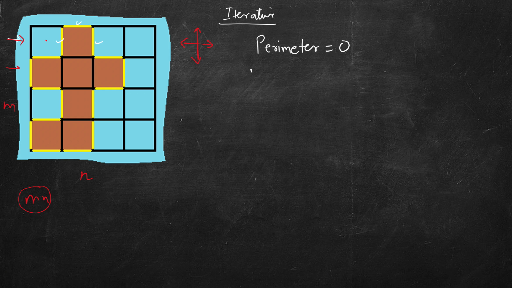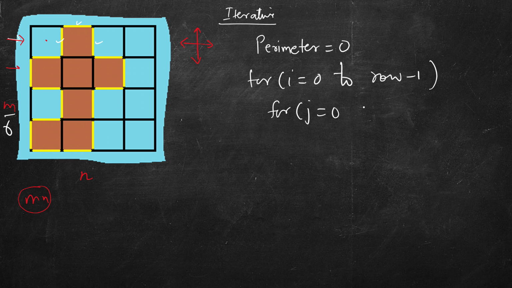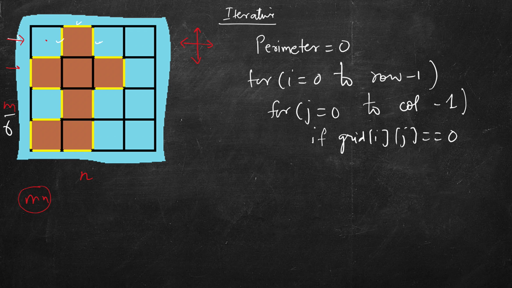So for i equal to 0 to row minus 1, where this is row, or you can say M, or rather R, and j equal to 0 to column minus 1, and if grid[i][j] is 0, then we don't need to see. If it's water, then we are not bothered.